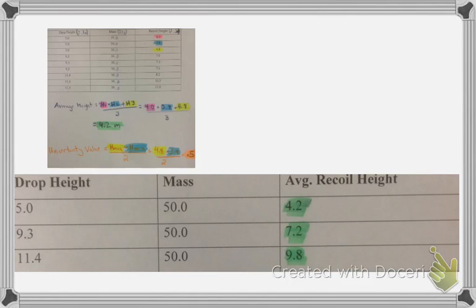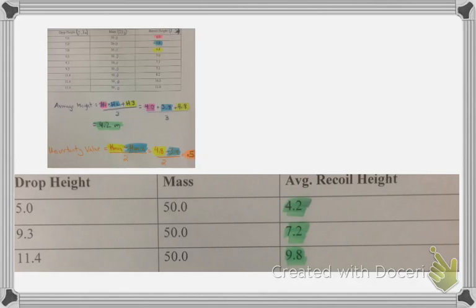Alright, now we need to make a processed data table. The difference between a raw and processed data table, if you notice just the size of this one here, is that it's pretty large. We had 3 data points and 3 different trials, so we had 9 data points, and we don't necessarily need to see all of that.